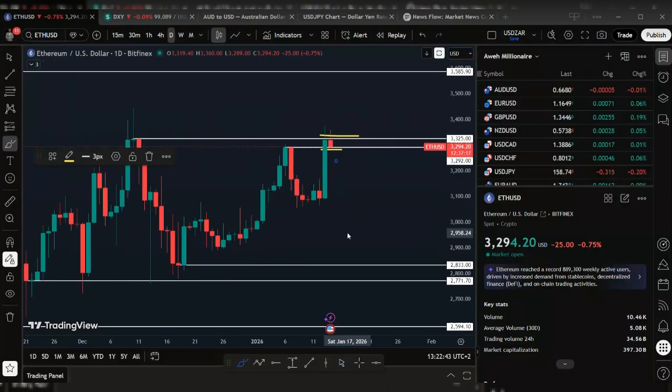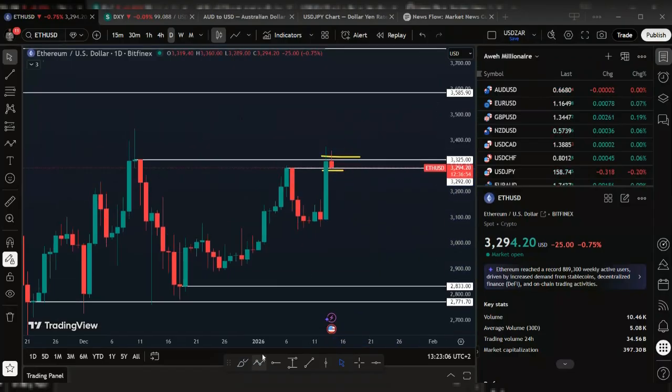Now, again, what we want to look out for is if price breaks below the bottom of the range, a break and a close below this range, then that could indicate a pullback from this bullish momentum, or again, the start of a reversal, with the next key major support level, if you're looking to sell, at the 2,833 level.